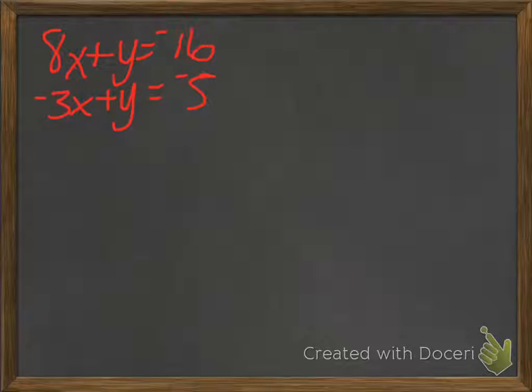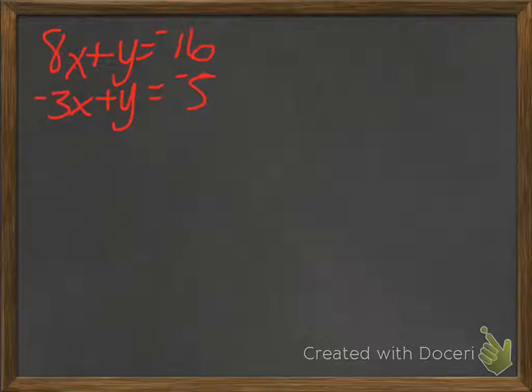If you're like me, my eyes automatically go straight to the y's because there are two y's. But where they are now, I cannot eliminate them because they're both still positive. So in order to form a zero pair, I need to make one of those a negative.